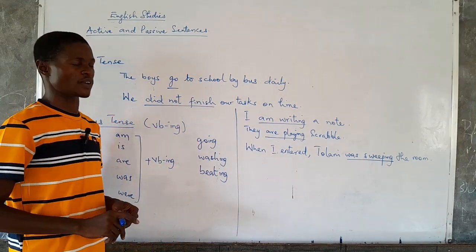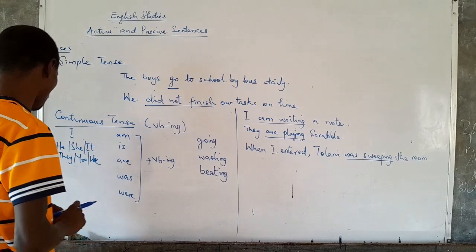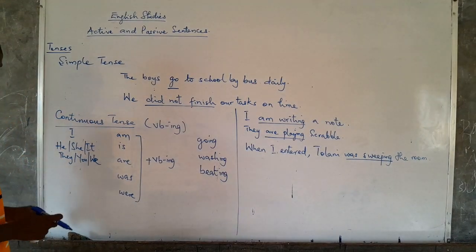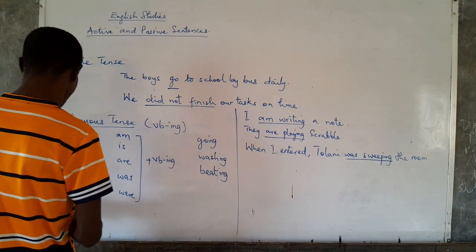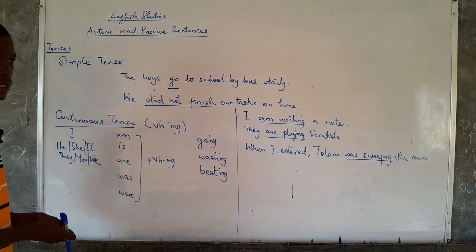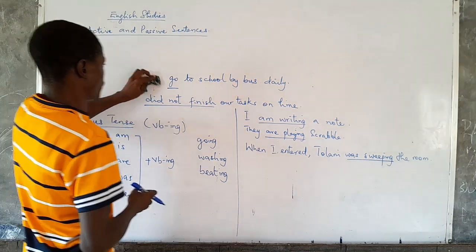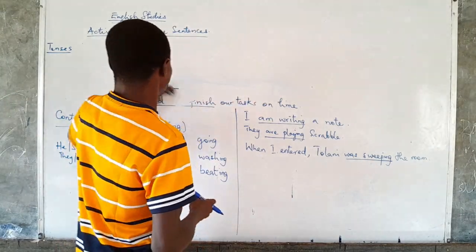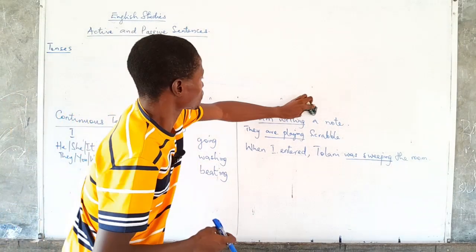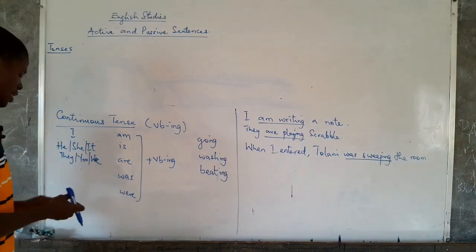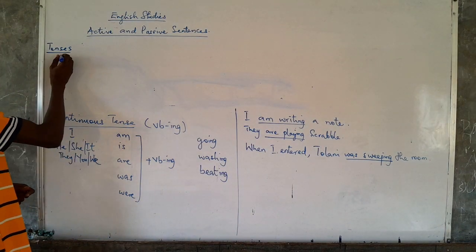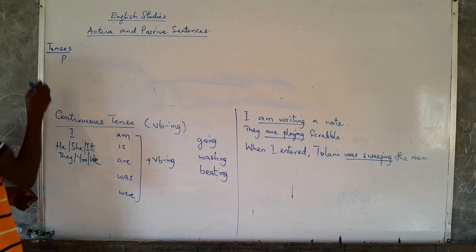Take note of that. Also, apart from this, the next type of tense that we need to consider is known as perfect tense. Speaking of a perfect tense, we have to consider something known as anomalous auxiliaries.